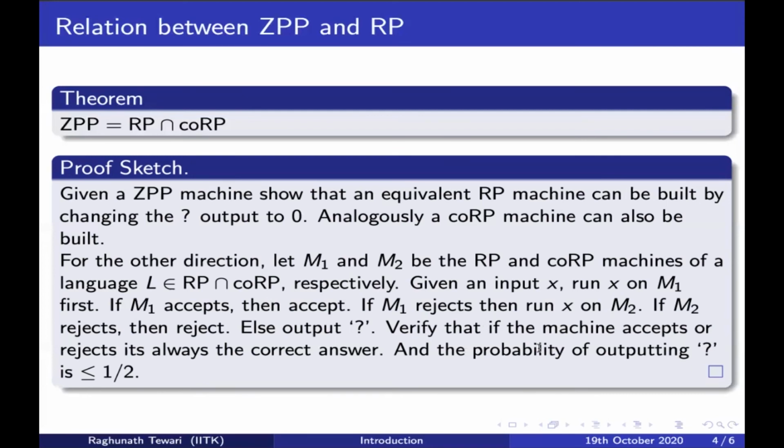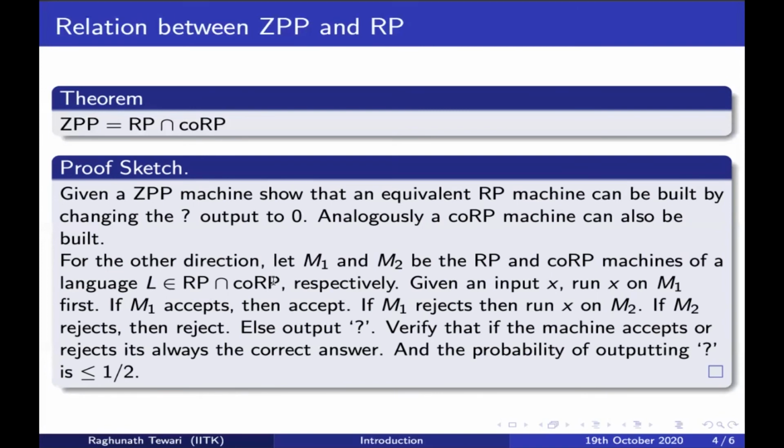M2 would always accept if X belongs to the language. So therefore, the machine accepts with probability greater than half, and for the remaining probability it would output question mark. Similarly, if X was not in the language, analogously one can show that again the machine will give the correct answer.